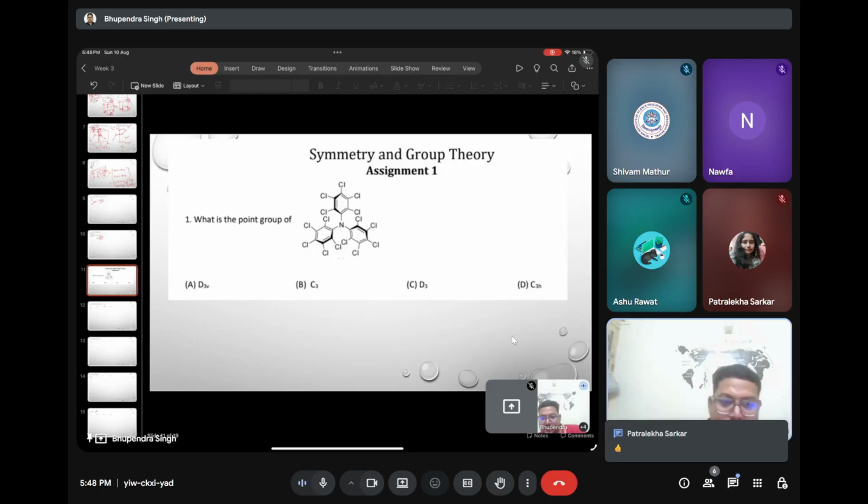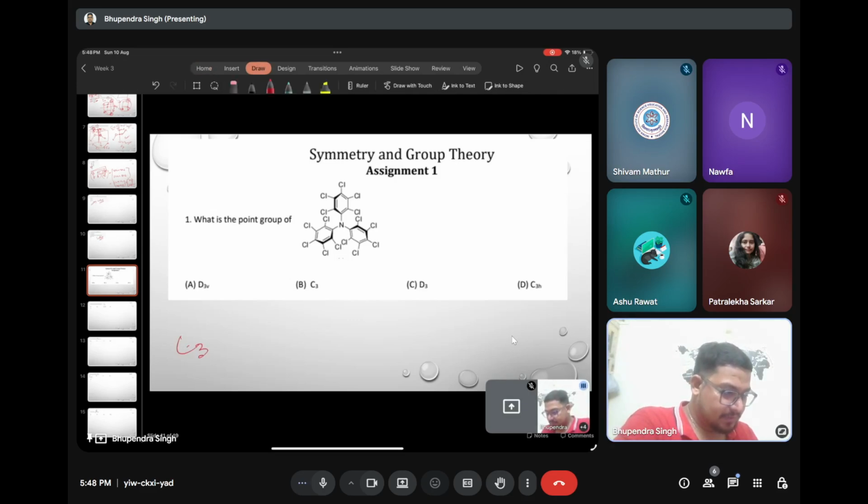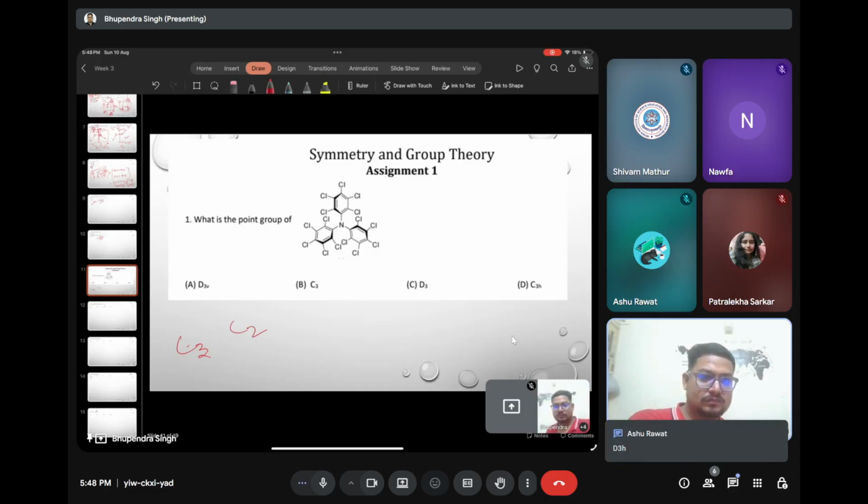Connection, Patlekha, okay. Okay, tell me the point group of this molecule. D3. Okay, D3 means you have C3 and C2s. Correct. D3h. Someone is saying D3.